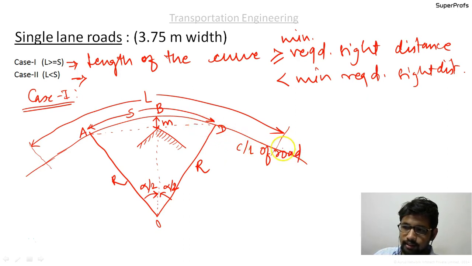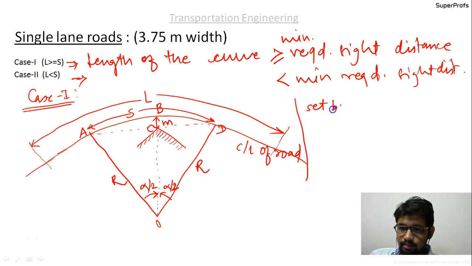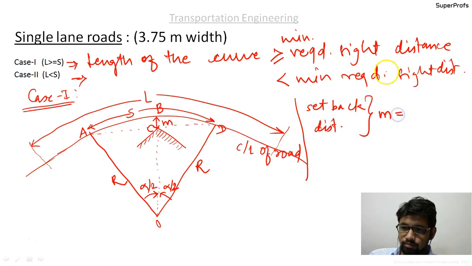What we have drawn is the center line of the road, and if you consider this geometry, the setback distance, I am writing over here, setback distance m equal to OB minus OC.